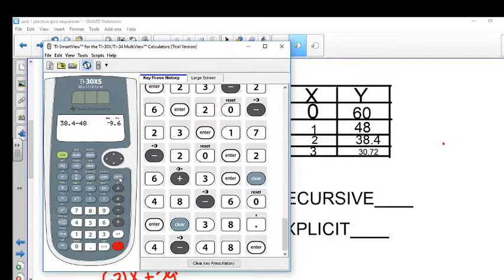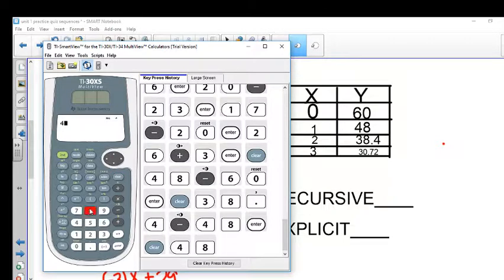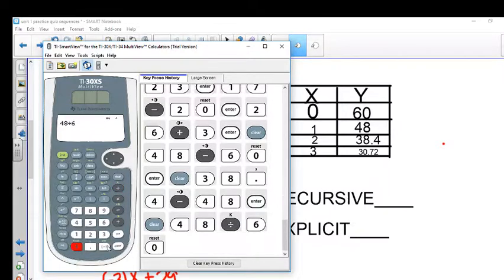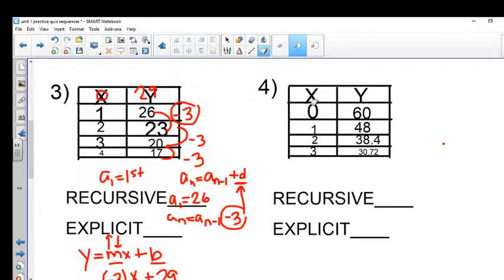My second term is 48 and I'm going to divide it by my first term. So I got 0.8. When I divided it, I got 0.8.